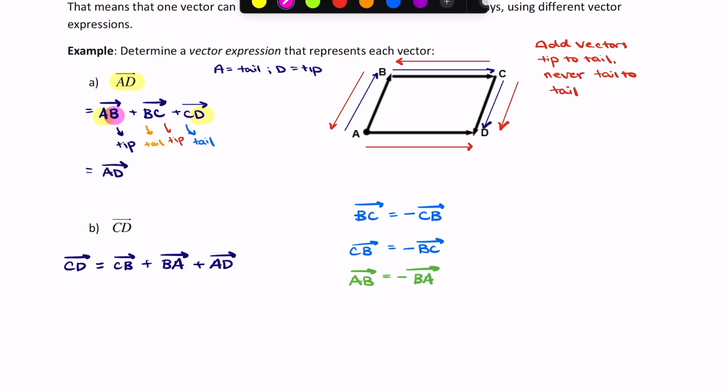And here again, we see that it starts with the tail and ends with the tip.